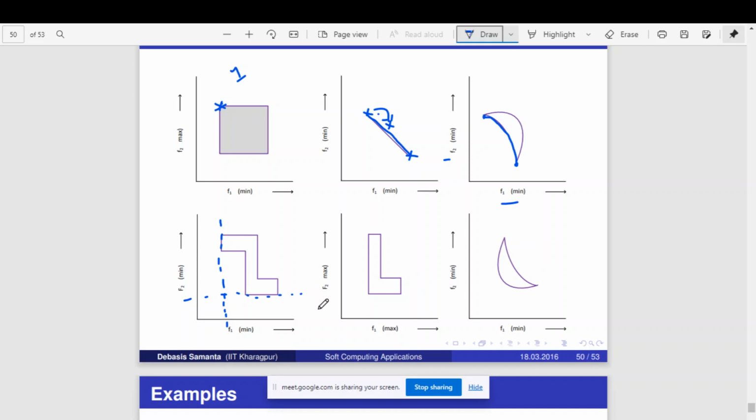So is there any Pareto optimal? That's all. These 2 points. That's all. Okay. There is no line. You cannot say that this line is a Pareto optimal solution. So we should ignore this.